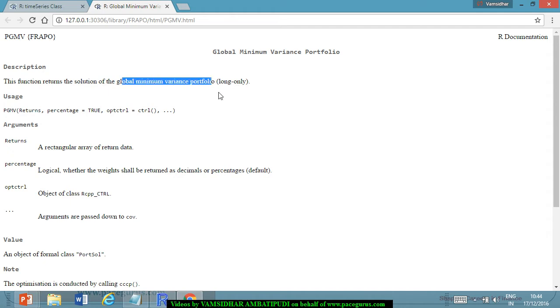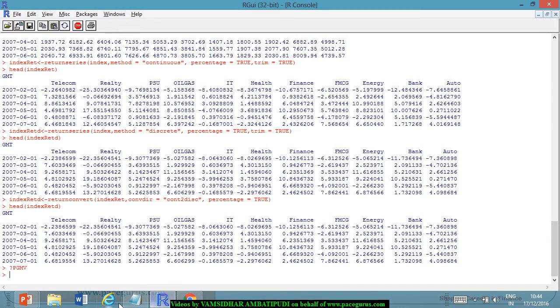So this function is giving me the global minimum variance portfolio for a long only position. As I said, we are not considering the short positions here, and we do not specify what our expected return is as well. Because of those two things, I am not considering them at all. I'm getting a global minimum variance portfolio.